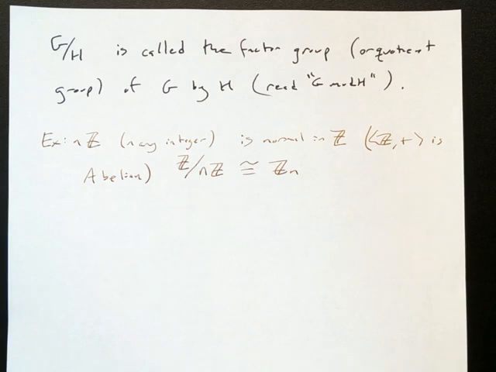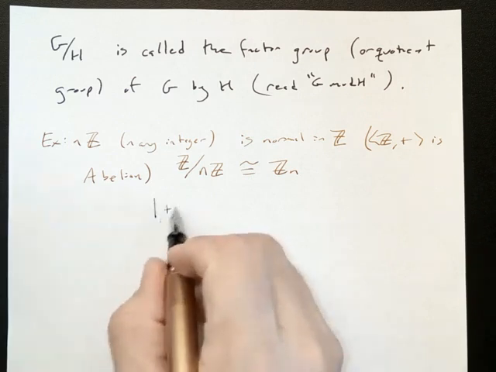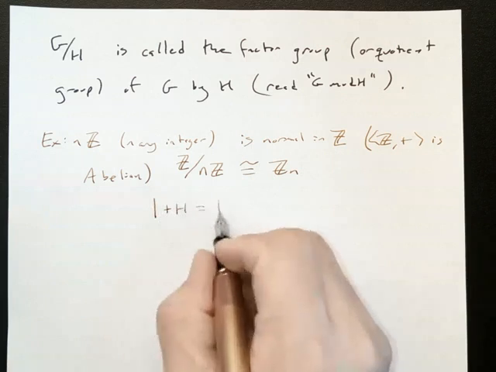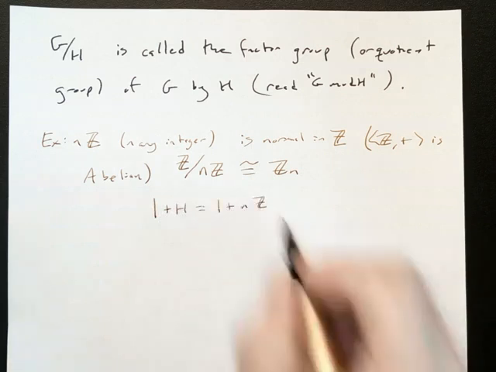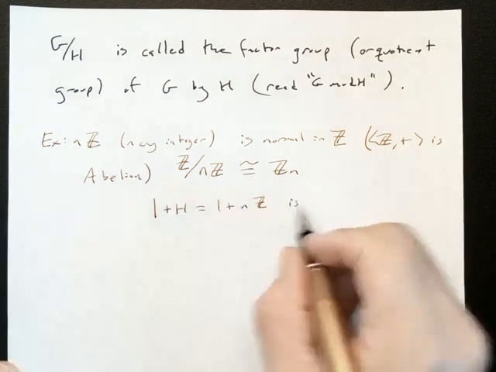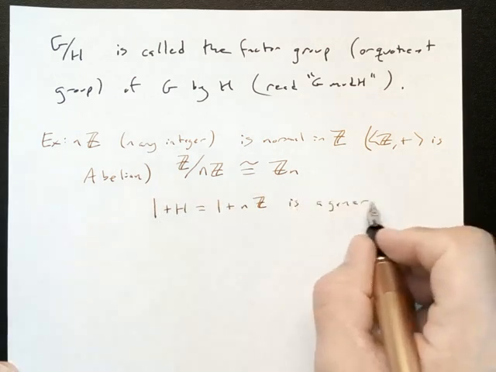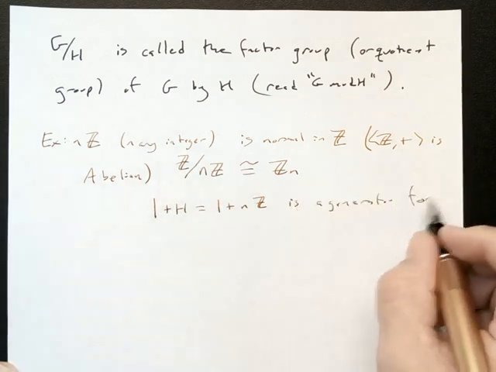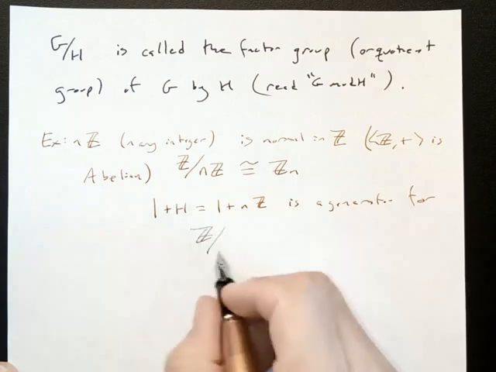What's a generator for the integers? So the coset that contains 1 is a generator for the quotient group.